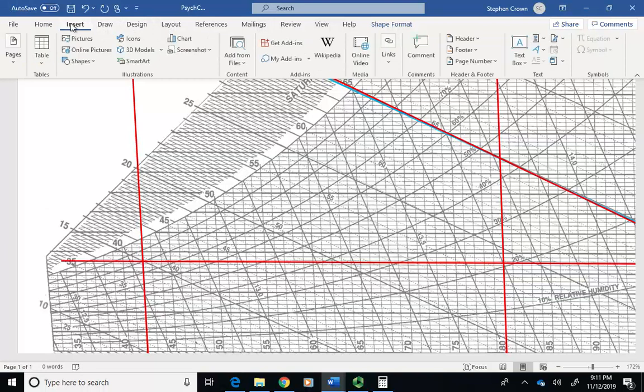Let me insert a text box, I guess is okay. I was looking for shapes, but here we go. So put a little dot there.